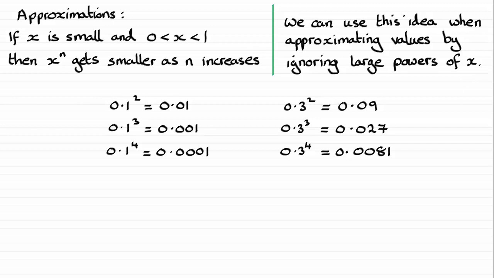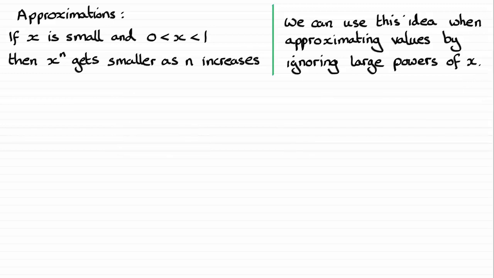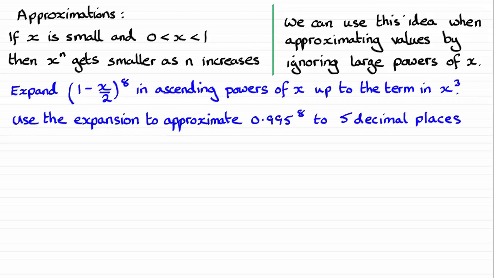So what I'll do is demonstrate this with a typical example where we've got to expand 1 minus x over 2 to the power 8 in ascending powers of x up to the term in x cubed. And we've got to use the expansion to approximate 0.995 to the power 8 to 5 decimal places.